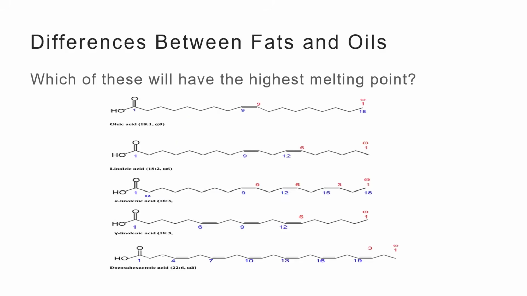I'm going to label them: oleic acid is A, linoleic acid is B, alpha linoleic acid is C, gamma linoleic acid is D, and E is docosahexaenoic acid. So I'm waiting for you. Which of these will have the highest melting point and why?